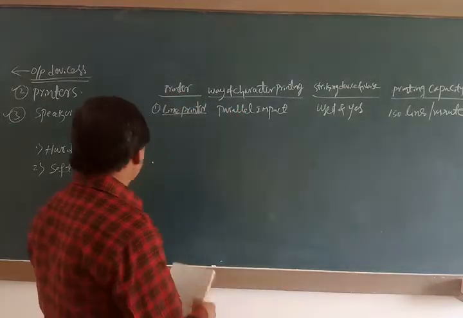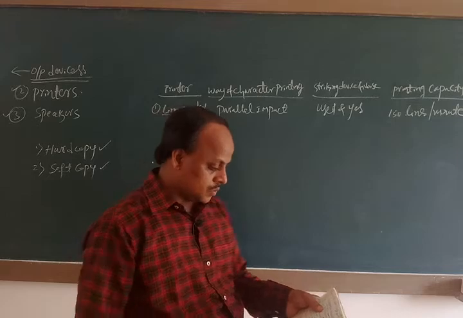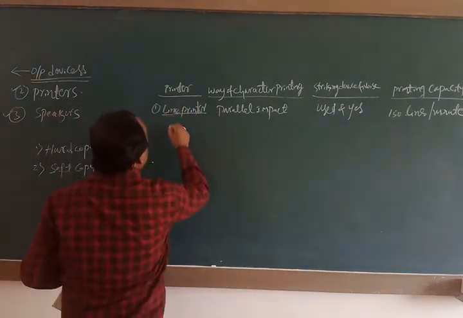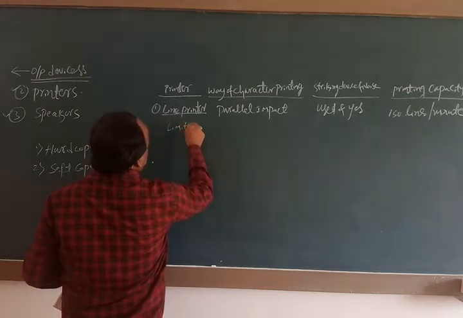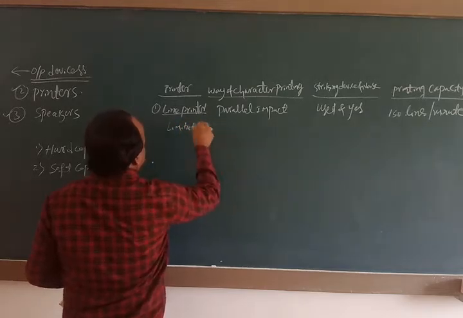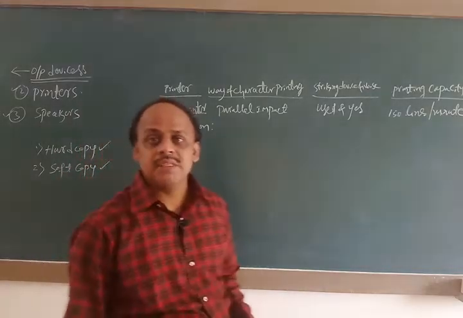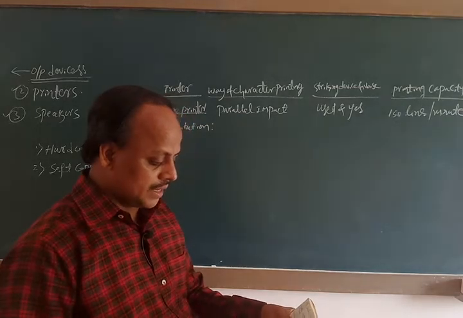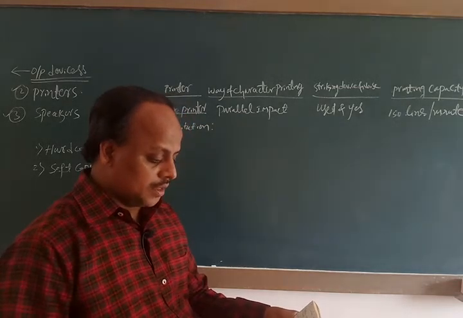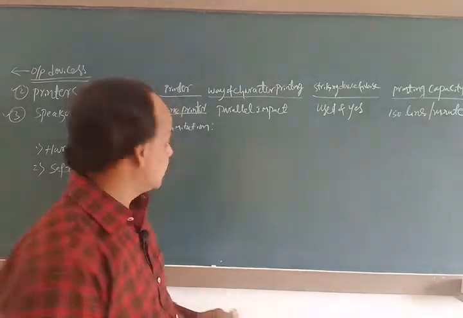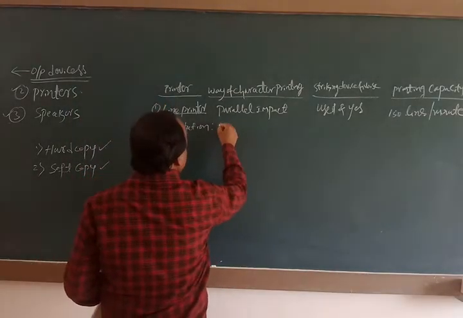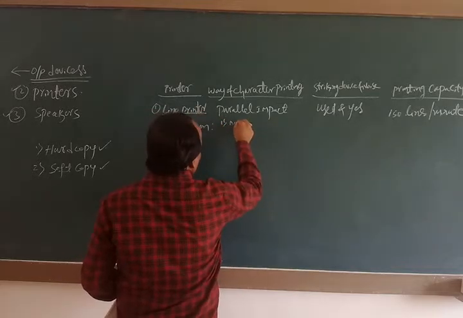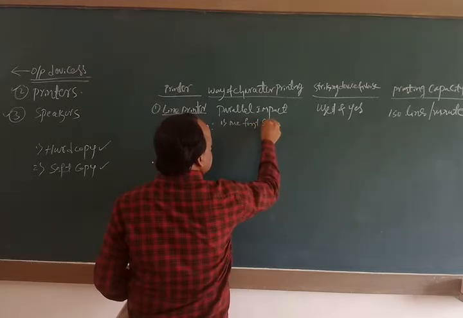And now we can say what the limitations are. The limitations of this line printer: it prints only one font, cannot print graphics, and has low quality. So these are the limitations. The first one, the line printer prints only one font size.